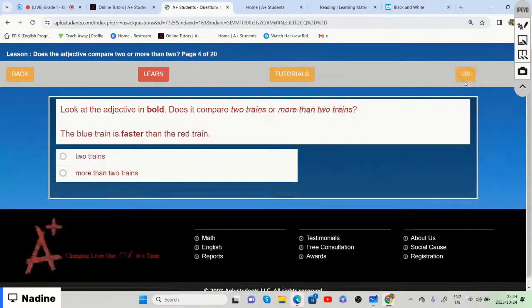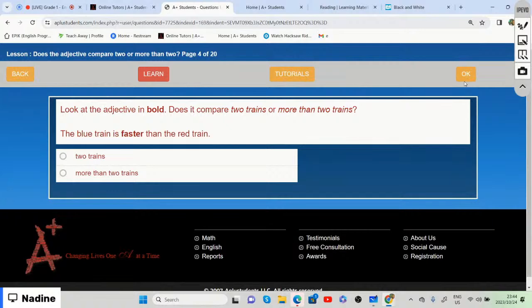And then, the blue train is faster than the red train. Are we comparing two trains or more than two trains? Faster ends in ER.